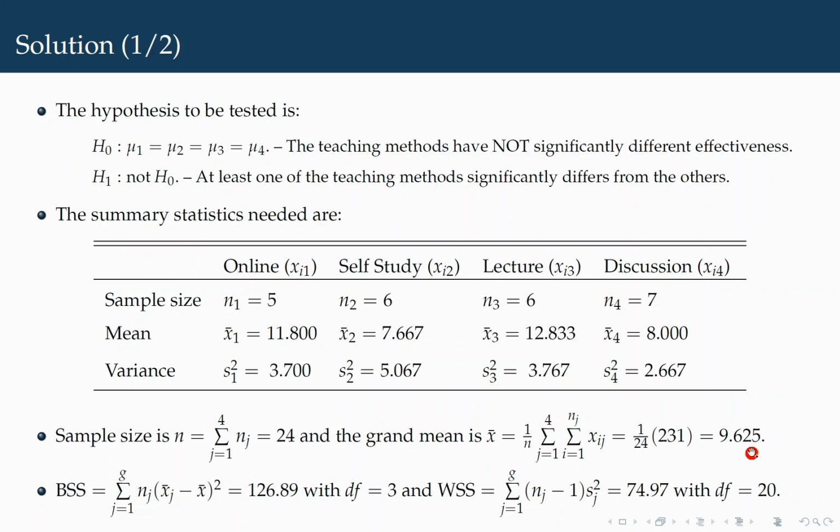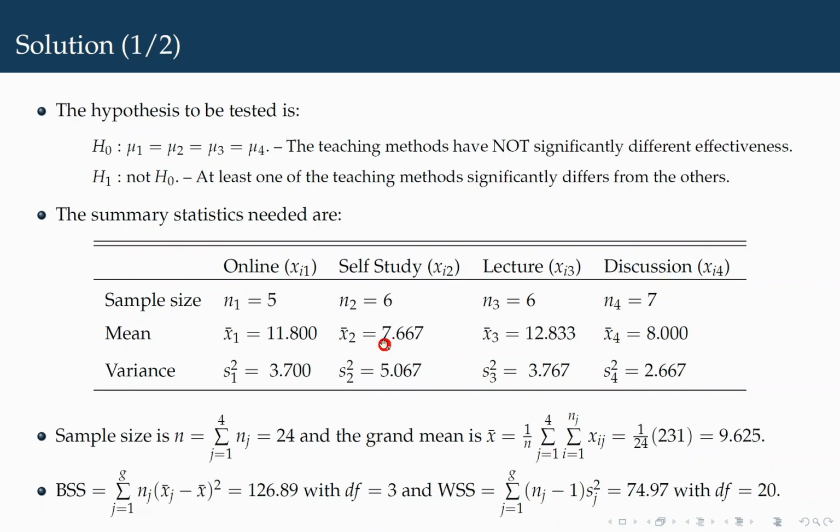So the between variation of the first group is nothing but 11.8 minus 9.625. So the difference between this value and this value represents the between variation of the first group, or the online learning. And the between variation of the self-study is here x bar 2, which is 7.667, minus this overall mean x bar 9.625.